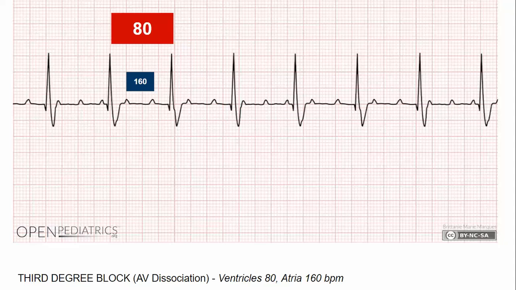And it's not super constant like Mobitz 2, where you have fixed PR intervals but every once in a while you see 2 P's for every QRS, which is 2-to-1 conduction, or 3-to-1, or 4-to-1 conduction. It's not that. The key to differentiating is that in third degree block, atria and ventricles are all dissociated, because the PR intervals are irregularly irregular.